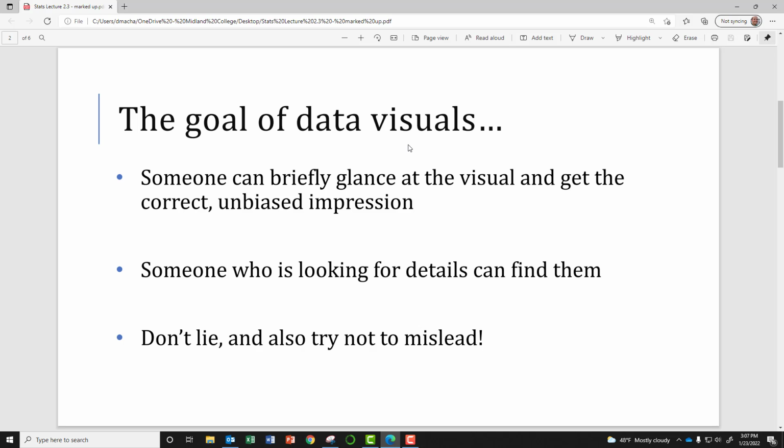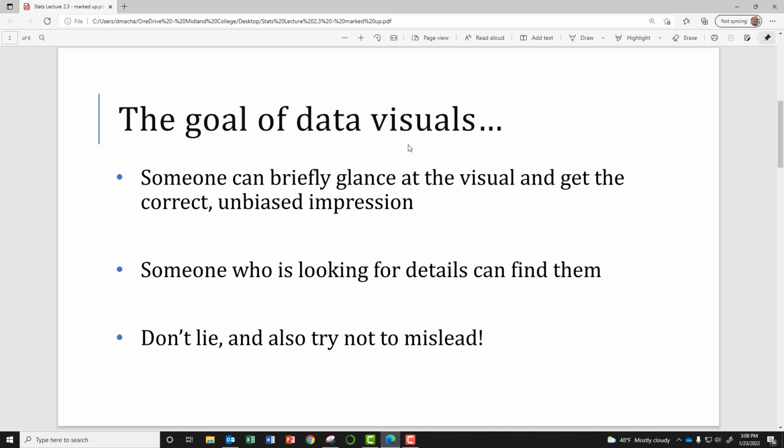Another goal of a good data visual is that someone who's looking for details can find them. And so it would be nice if your data that has some kind of unit of measurement has also an indication of what unit of measurement that is, right? If your horizontal axis means time since the start of some experiment, you specify whether you're talking about seconds or minutes or hours or days or years and so on.